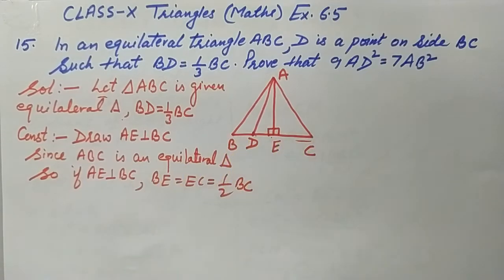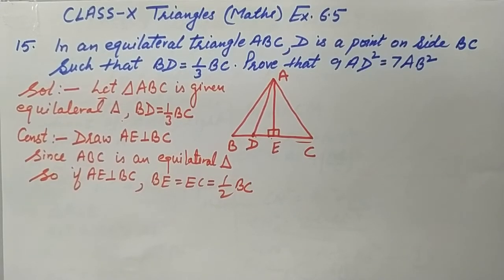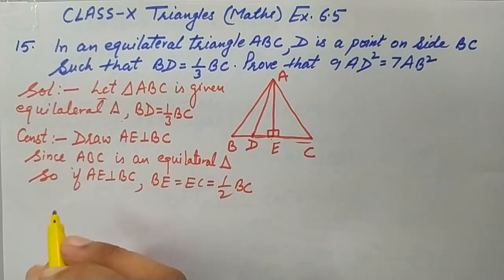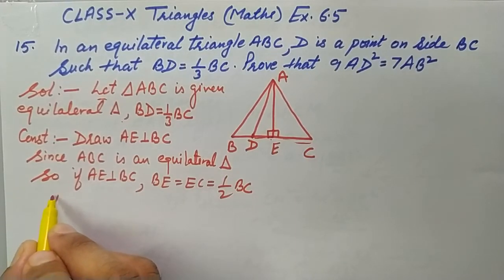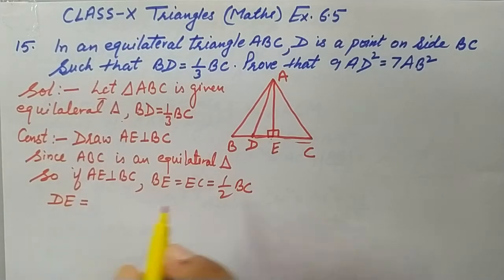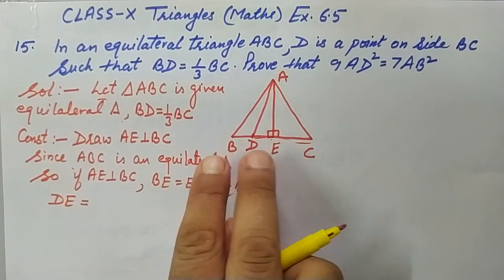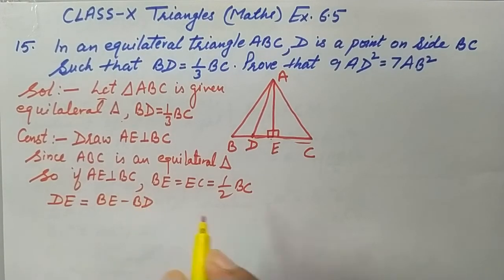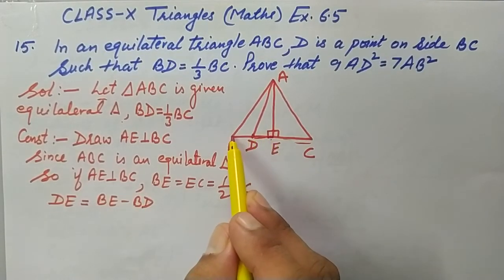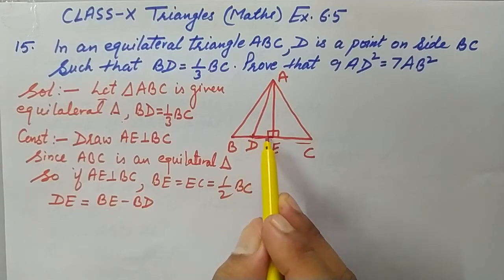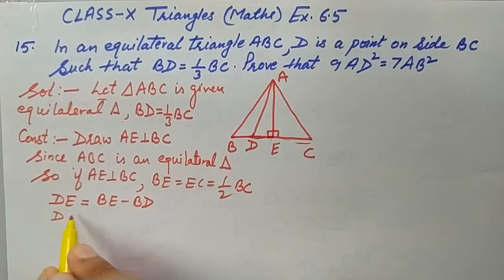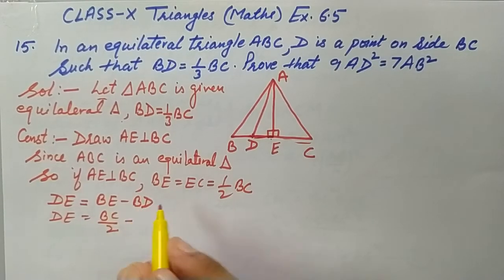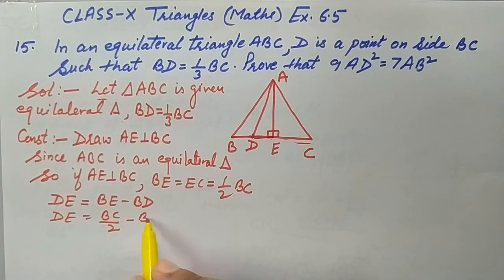We will write this. Now our next motive is to find the relation between DE and BC, right? So let's see how to find it. First of all, DE is equal to BE minus BD. Again I tell you, DE will be BE minus BD. In place of BE, I'll write half of BC, and in place of BD, I'll write 1/3 of BC, as given.